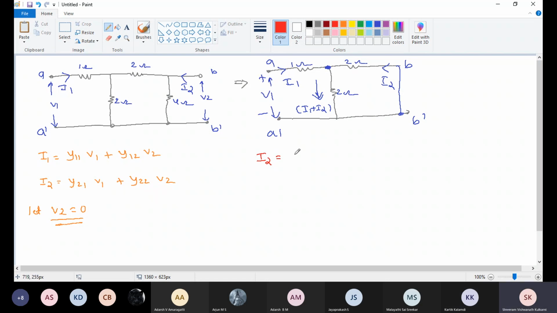I1 and I2 are in opposite directions, so I2 equals minus I1 times 2 divided by 2 plus 2, which is minus I1 by 2.